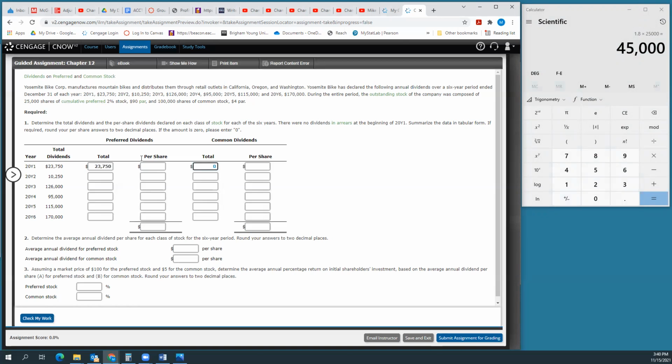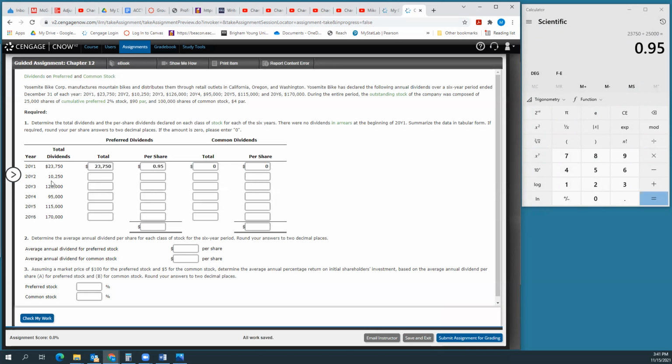To figure out the amount per share, we'll do 23,750, the amount of dividend paid, divided by the number of shares, 25,000 preferred shares, which means we are paying 95 cents per share dividend to the preferred shareholders and $0 per share to the common shareholders.